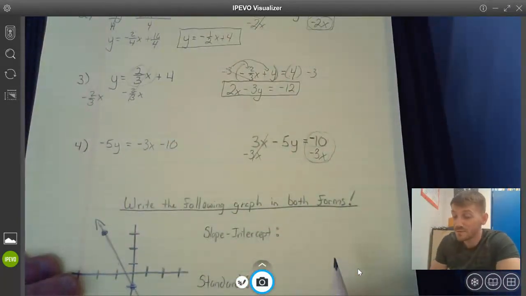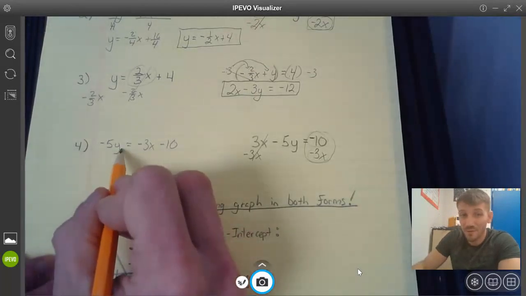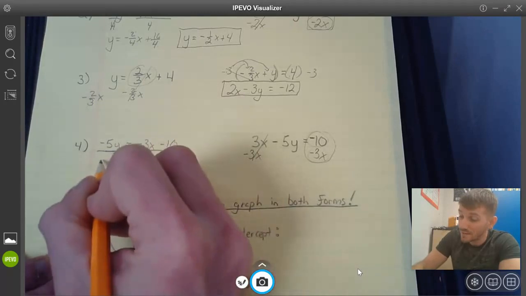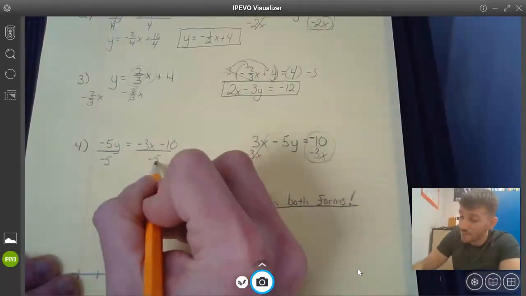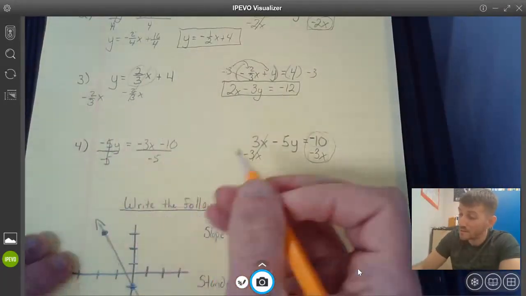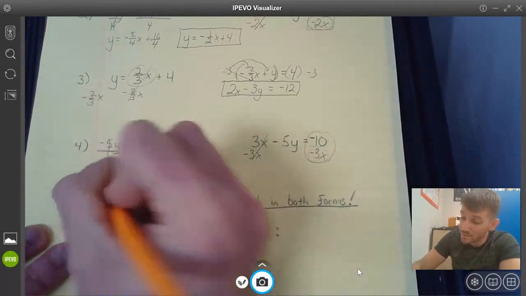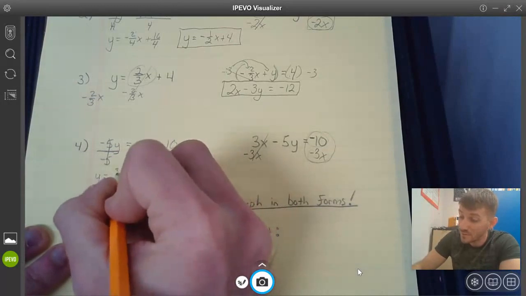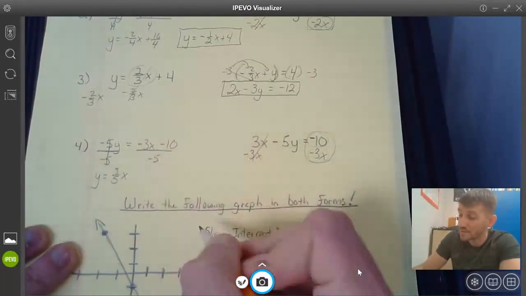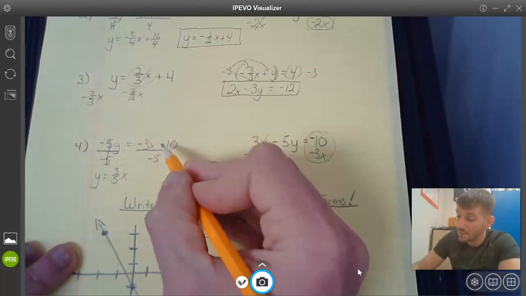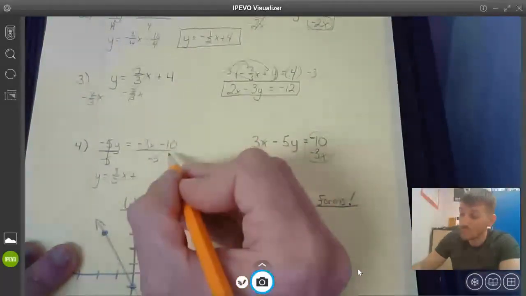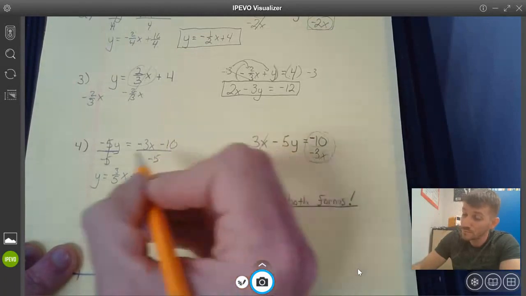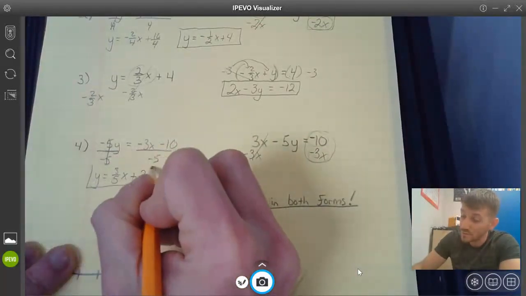All right, final step, we need to get rid of that negative 5 in front of the y by dividing by negative 5. And that gives us y equals, a negative over a negative is positive 3/5 x. And negative over a negative is positive. What's 10 divided by 5? Well, we know that is 2. And that is y equals mx plus b.